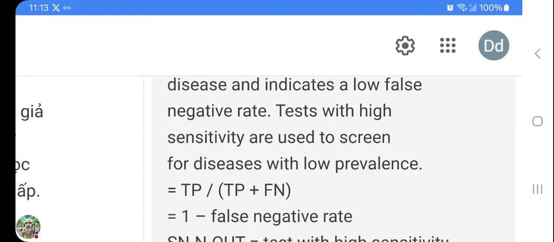And we know sensitivity equals the true positive rate. Okay, now we understand clearly already, right?